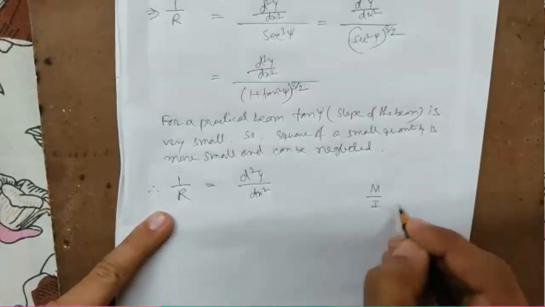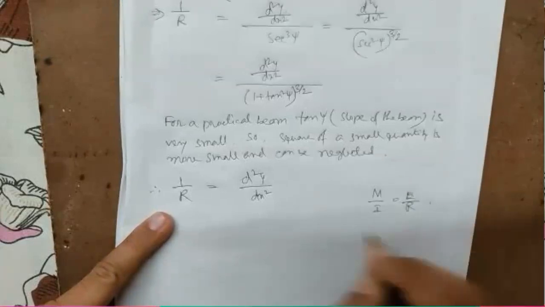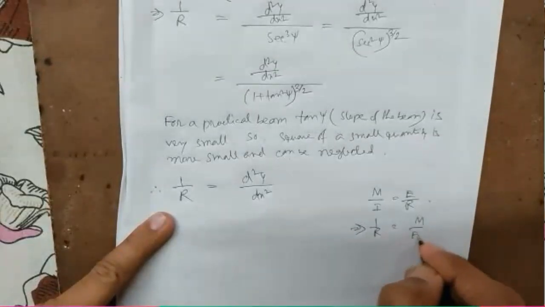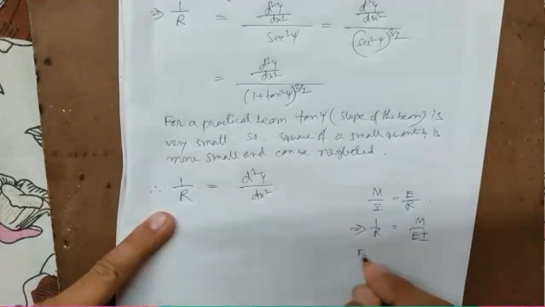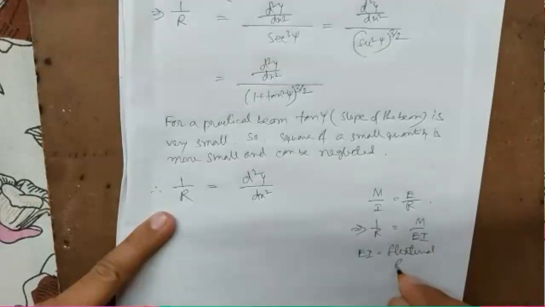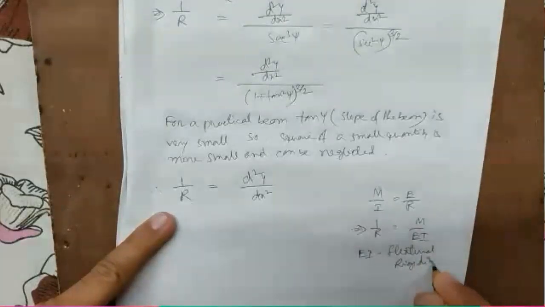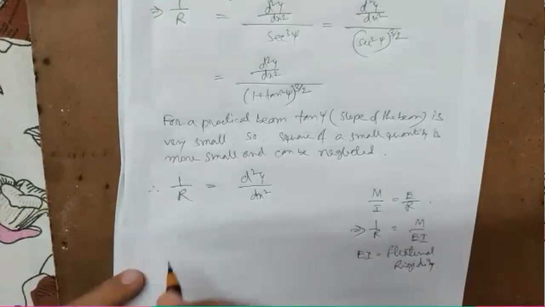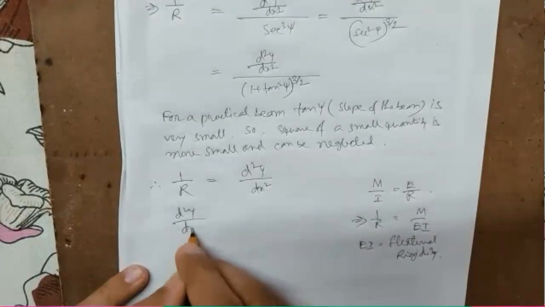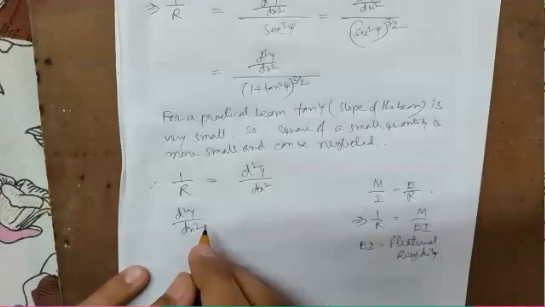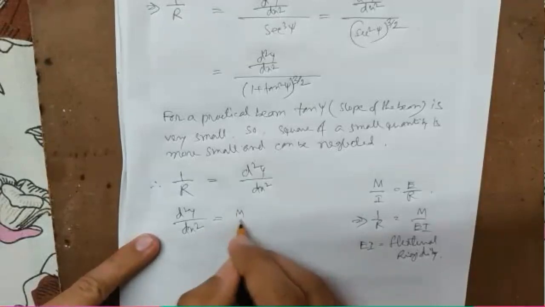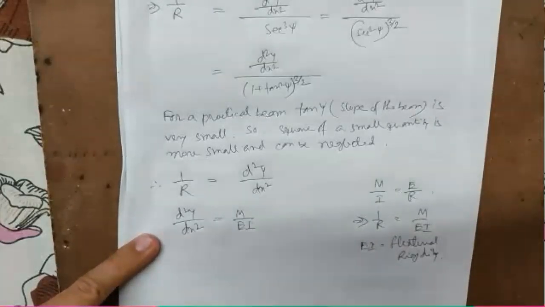M by I is equal to E by R. So from here we can get that 1 by r will be equal to M by EI, where this EI is called flexural rigidity. Okay, now from this equation we can write d2y dx2 will be equal to 1 by r, or equal to M by EI.